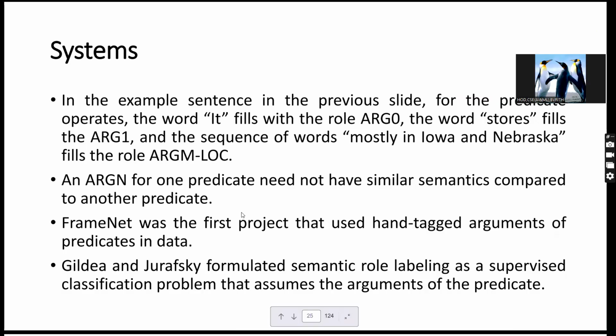Or we can also use some basic arguments, 5 types of arguments from argument 1 to argument 5. Another one is FrameNet, which initially goes for tagged arguments. Generally, in previous systems we made manual arguments, but now we are making automated argument structures or automated labeling.